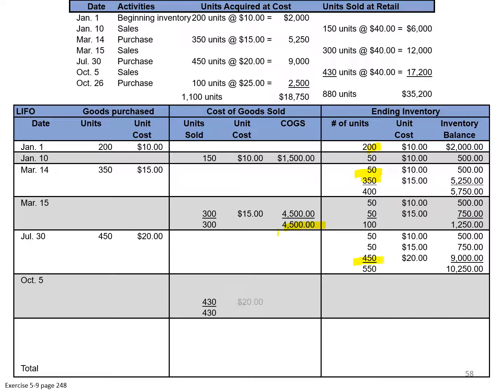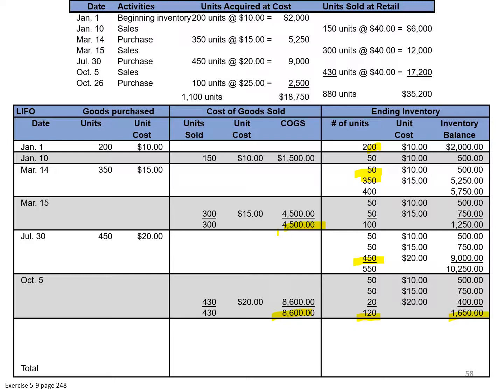So we're going to sell 430 of this 450 at 20 bucks each, a cost of 20 each, I should say, or $8,600, which means we have 20 left. 450 minus 430 is 20 at our $20 price point, plus our 50 left at our 15 and our 50 left at our 10.